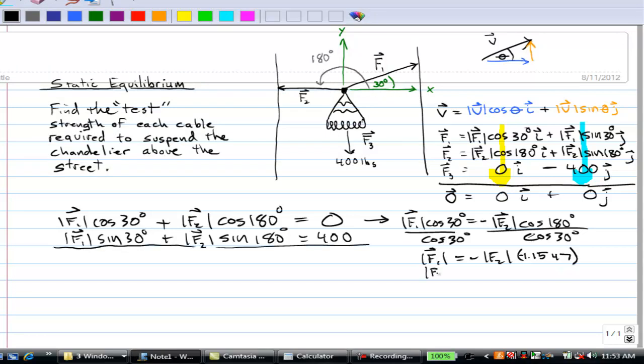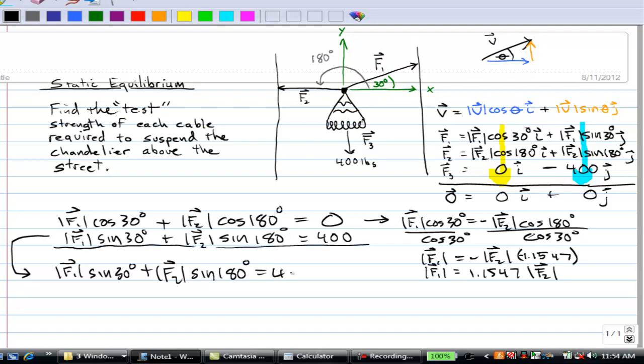This is to say that F1 is equal to 1.1547 times the magnitude of F2. I should have been saying the magnitude of F1 is equal to 1.1547 times the magnitude of F2. Well, that's pretty nice. Now I can take this second equation and rewrite it: F1 sine 30 degrees plus F2, magnitude of F2, times sine 180 degrees is equal to 400.